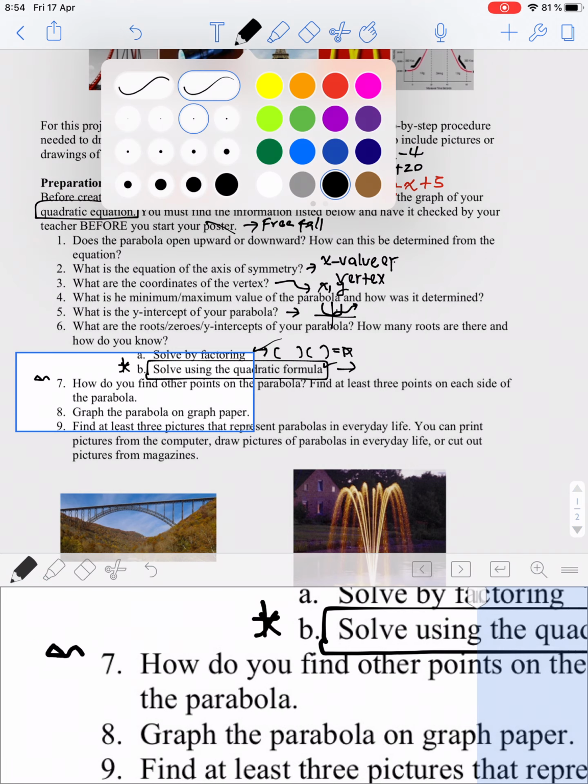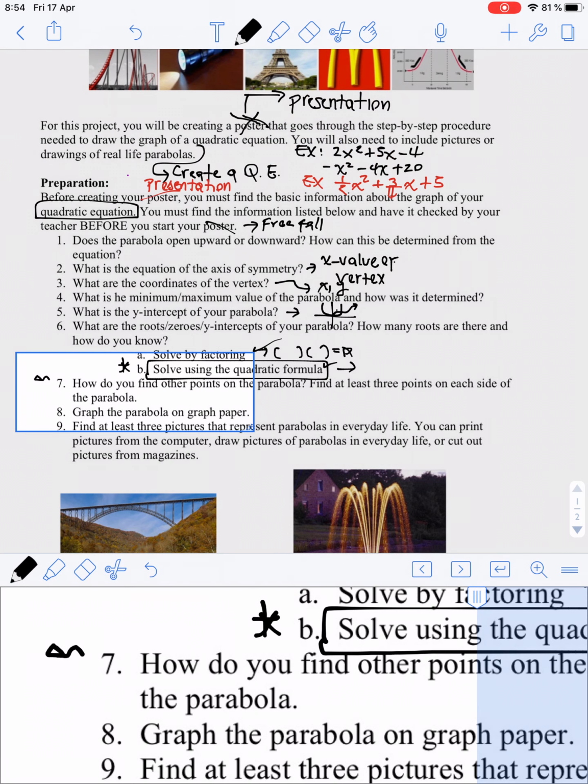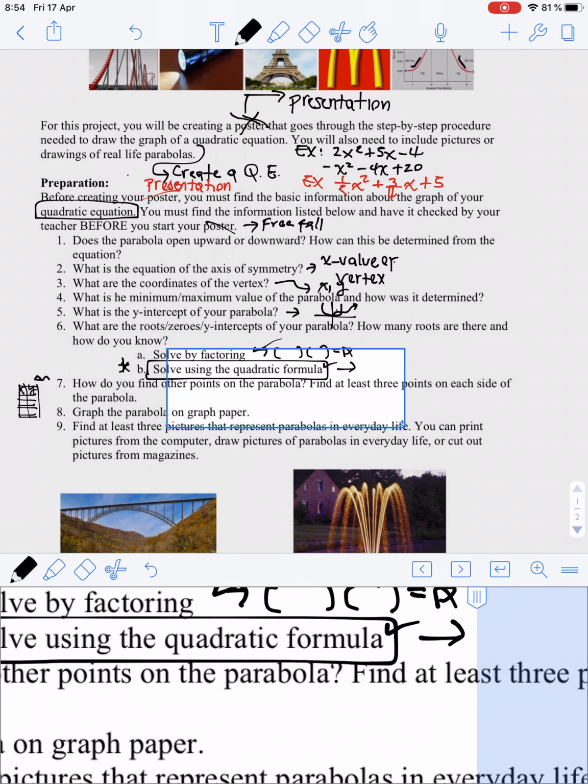You can create a table for x and y, and it is the same that we have done in linear equation. Or you can use Desmos and select 3 different points.